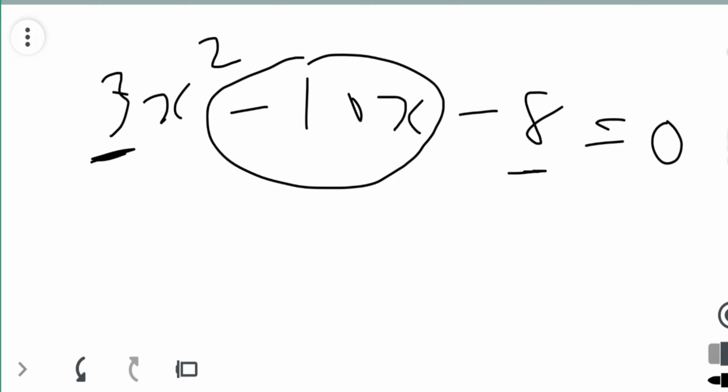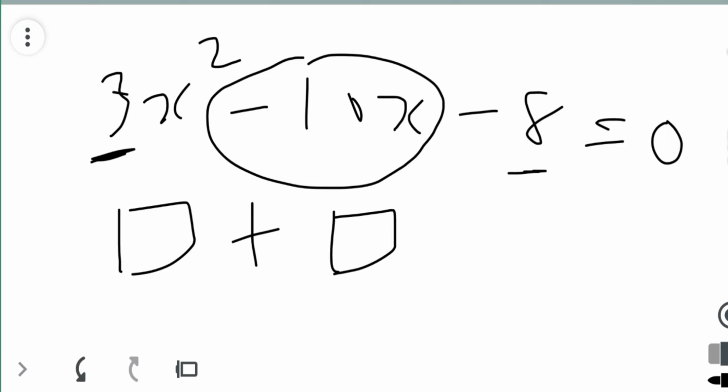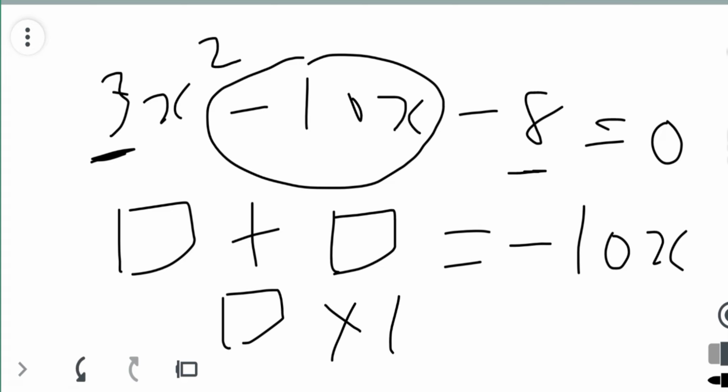So that was the reason I used box. I said box plus box equals the one at the middle, which is minus 10x. And as well, that same number, which is box, multiplied by box, will give you minus 24x squared.